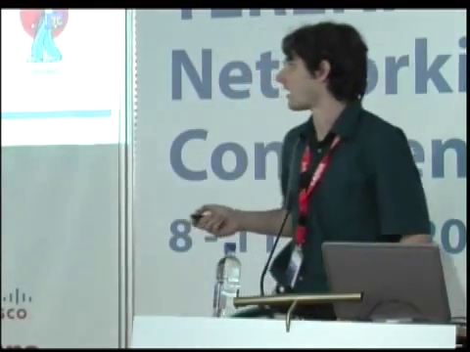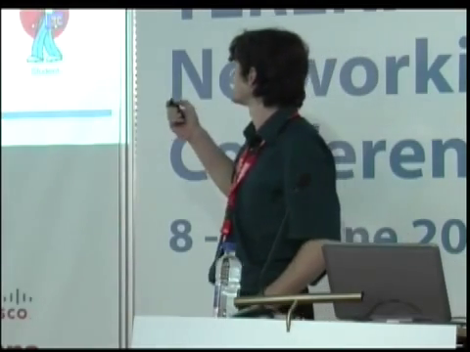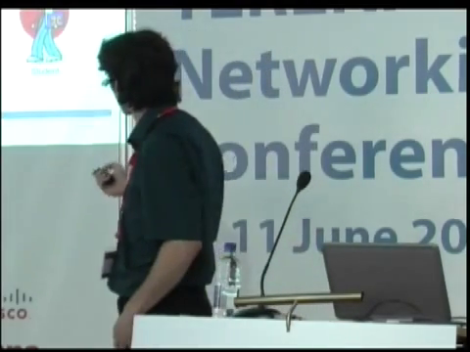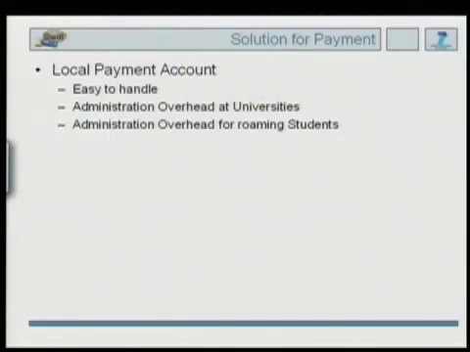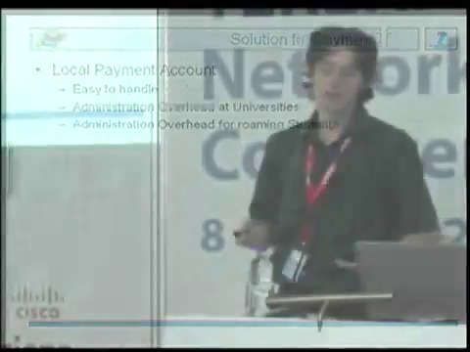And this is not a new problem, how services at universities may be paid, so there exist some solutions so far. The first one is the local payment account, which has been used when the student was only at one university. So it's very easy to handle. For example, there can be copy cards or some bank account locally.